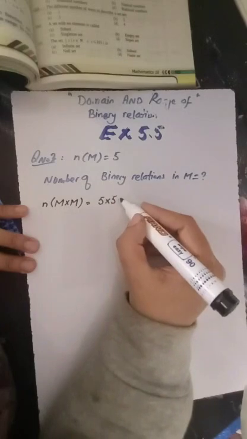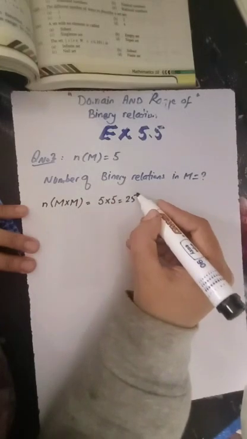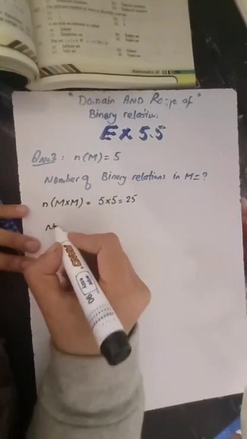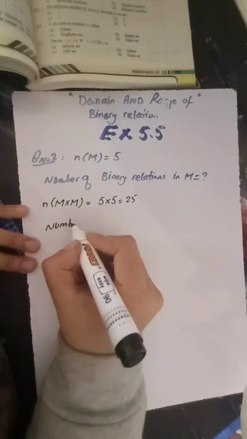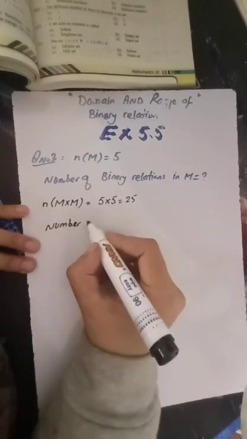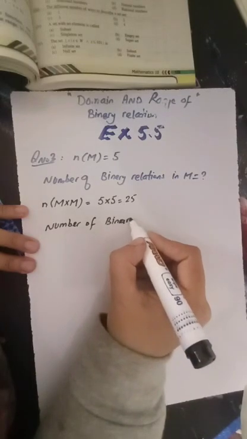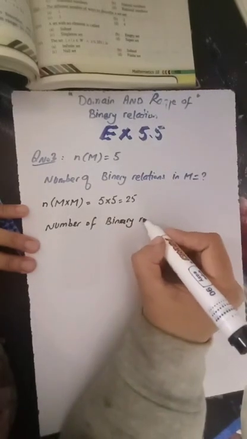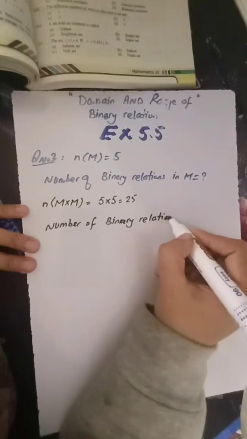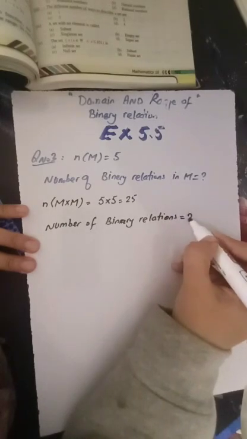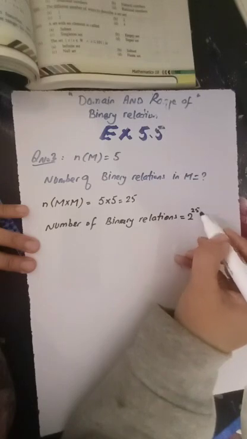The Cartesian product of M will contain 25 elements, and the number of binary relations is actually the number of subsets of this set. So the number of binary relations will be 2 raised to power 25.